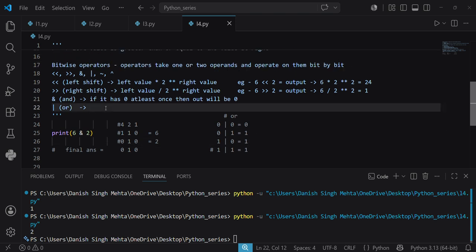So by observing it, the definition becomes: if it has at least one 1 from both operands, then the output will be 1.